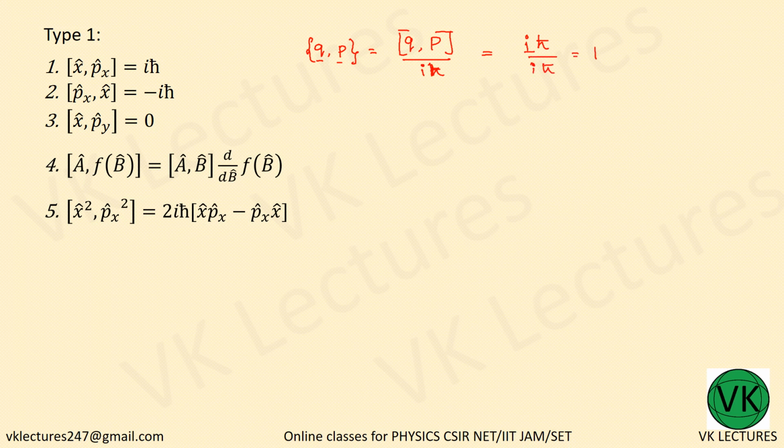So {px, x} is minus 1, {x, py} is 0 because they are in different directions. {a, f(b)} is nothing but {a, b} into d/db of f(b). Now here {x², px²} is 2iħ (xpx minus pxx).